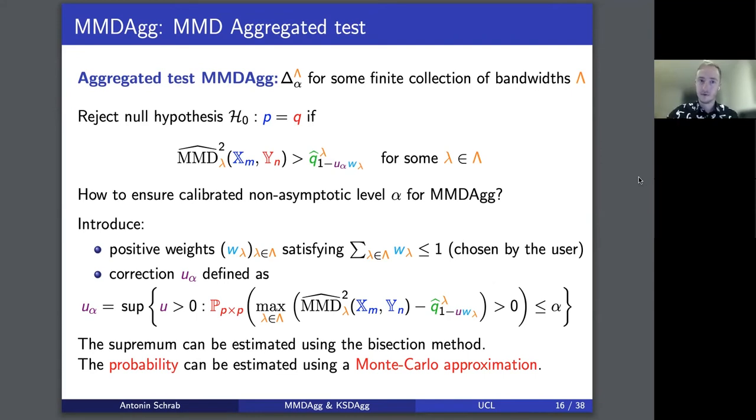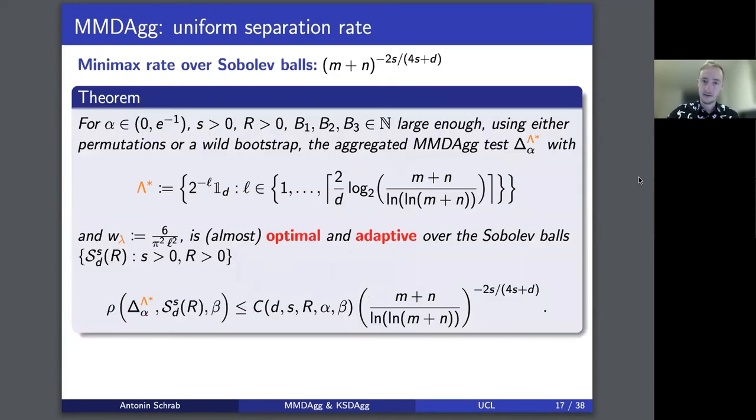So this is for MMDAgg, our aggregated MMD test. And we provide some theoretical results as well. So now for a specific collection of bandwidths, lambda star, of the form here, 1_d is just a d-dimensional vector consisting of 1.